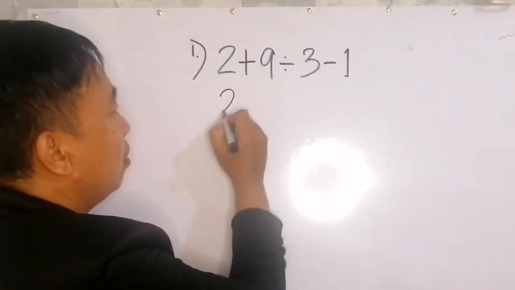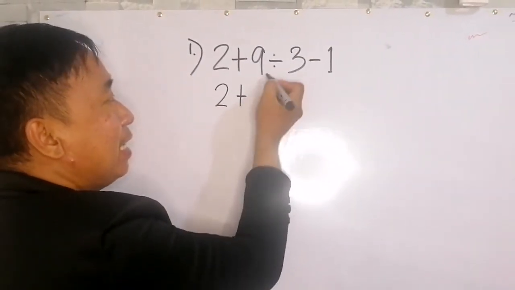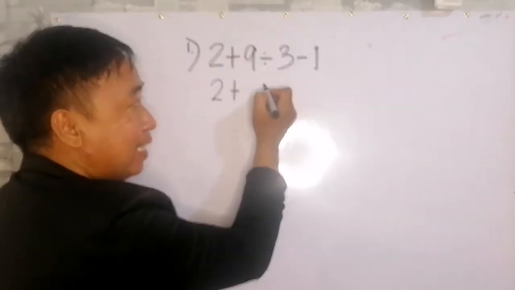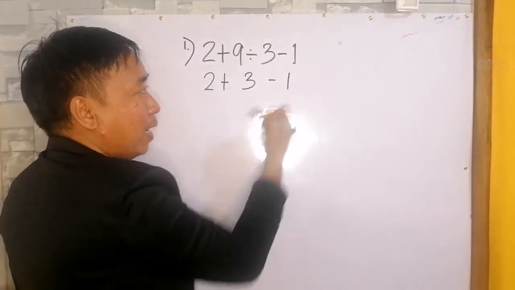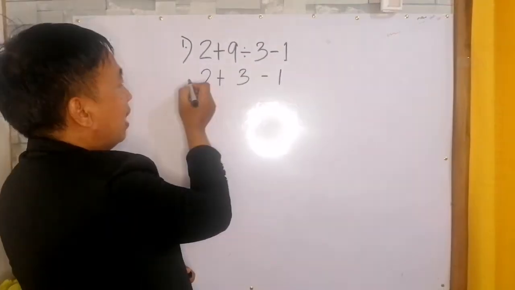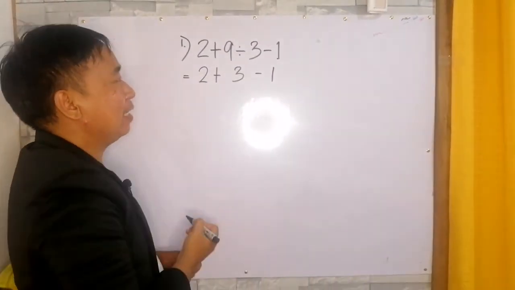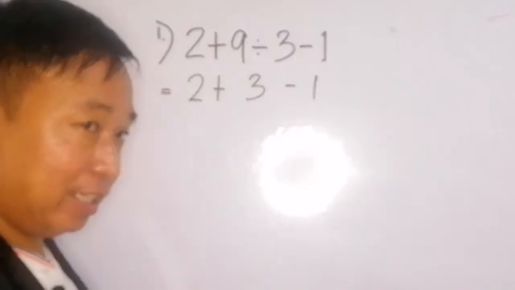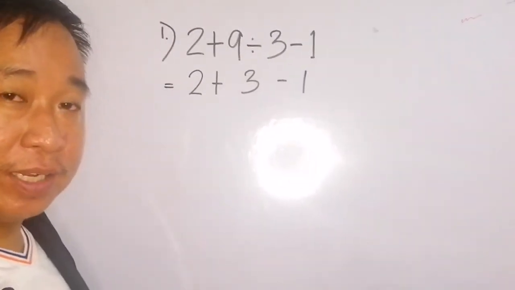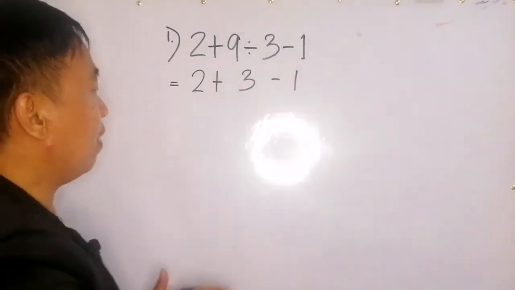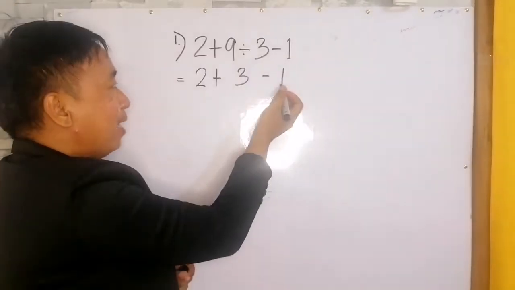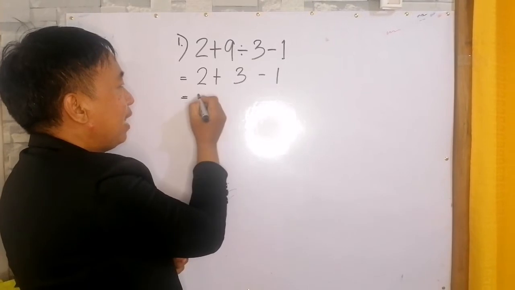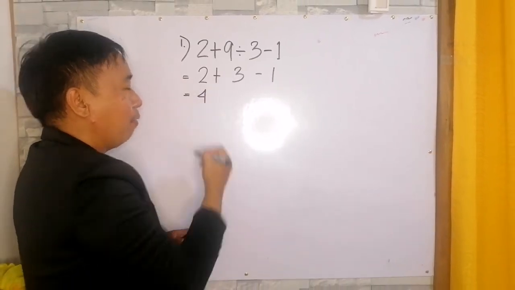Copy 2 plus 9 divided by 3, that is 3, minus 1. Then we have addition and subtraction, so we solve from left to right. 2 plus 3, that is 5, minus 1. So the answer is 4.